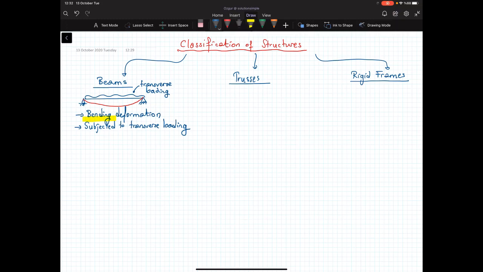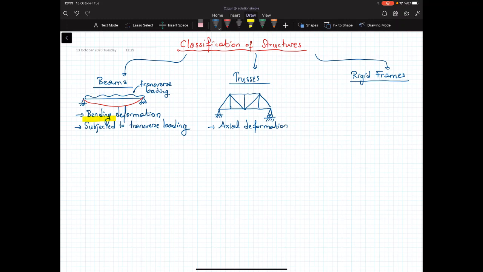So the trusses, let's again draw a very simple truss structure here. We draw it this way. The main property of a truss is that it will undergo only axial deformation. So the members of the truss don't bend, they just elongate or shorten. That's the main property.